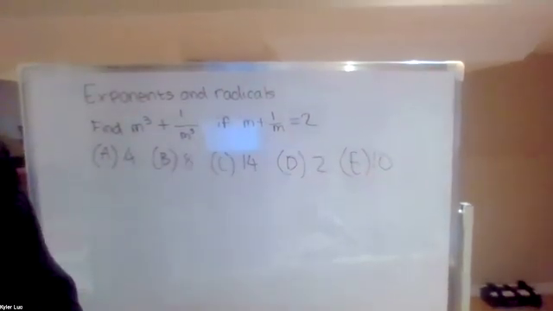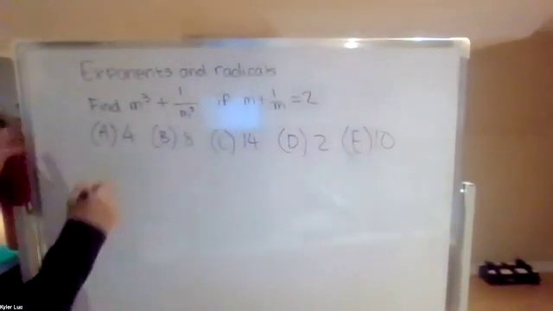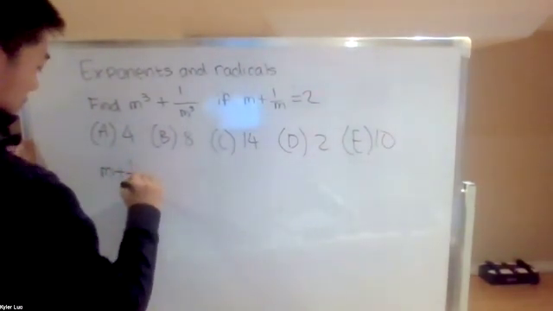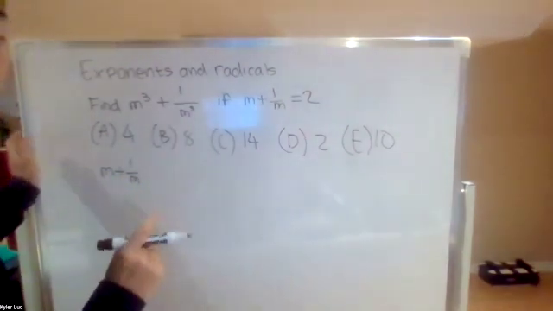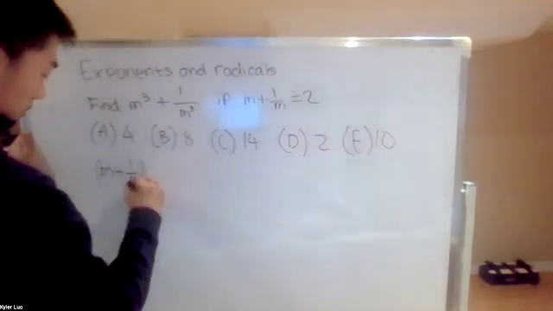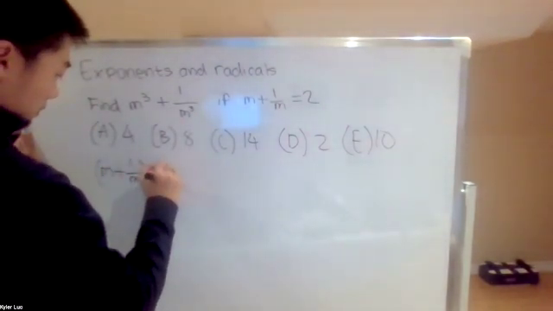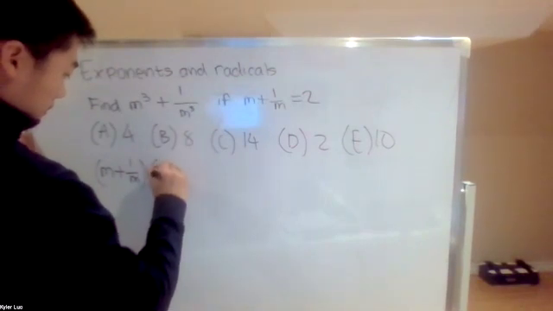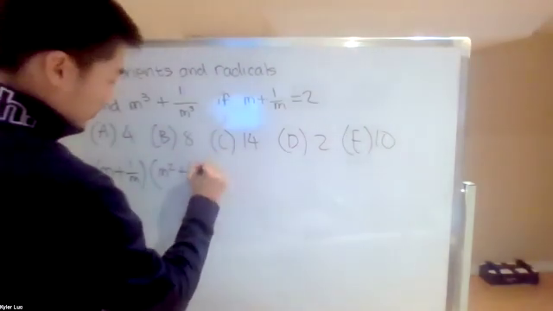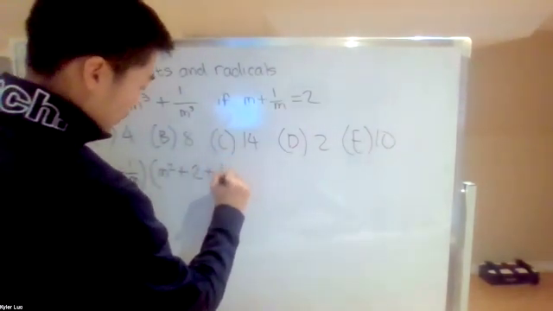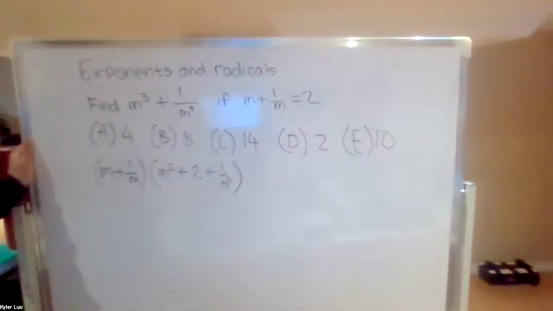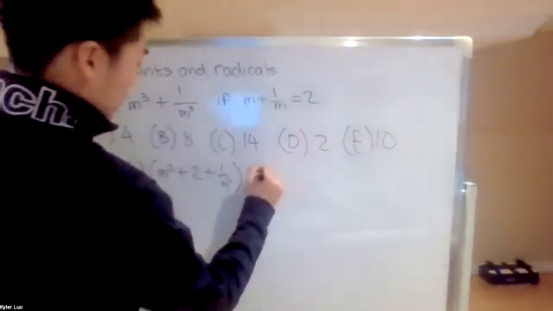All right, so I want to do m plus 1 over m in brackets times m squared plus 2 plus 1 over m squared in brackets. And then that's equal to 8.